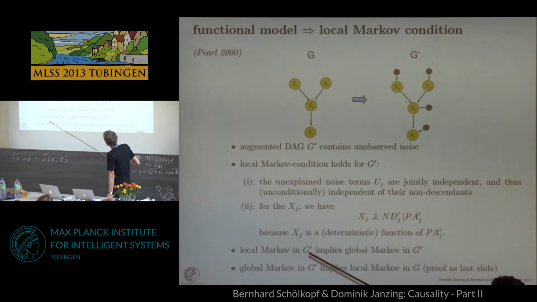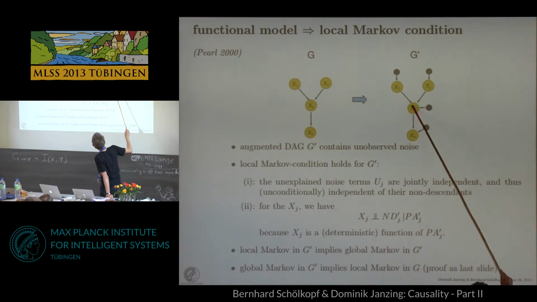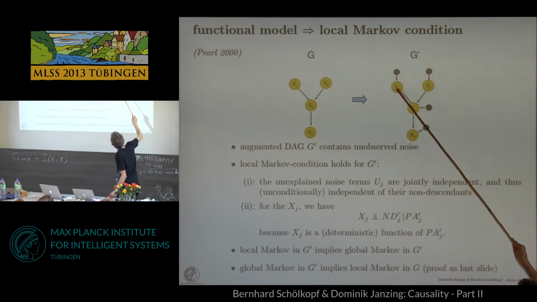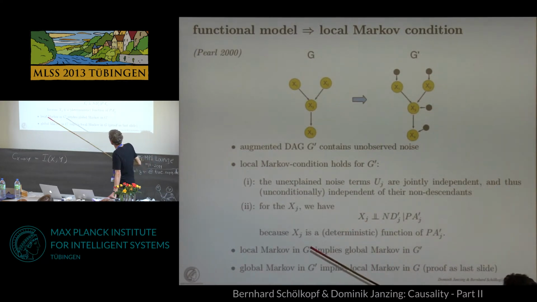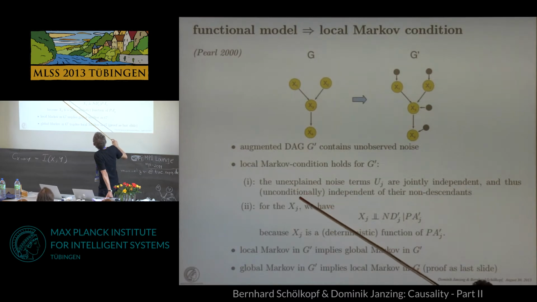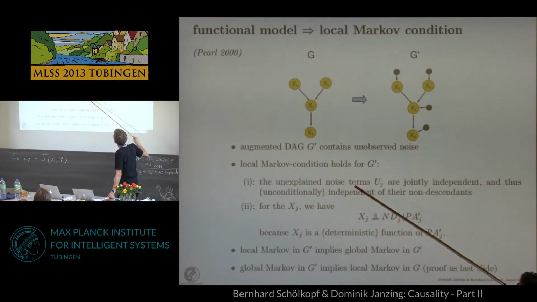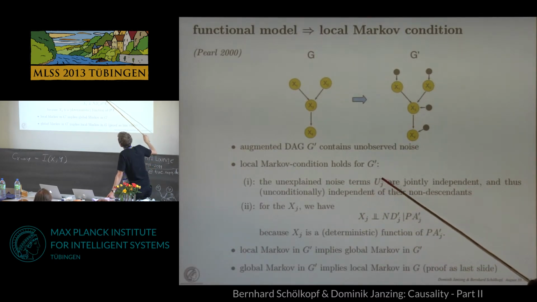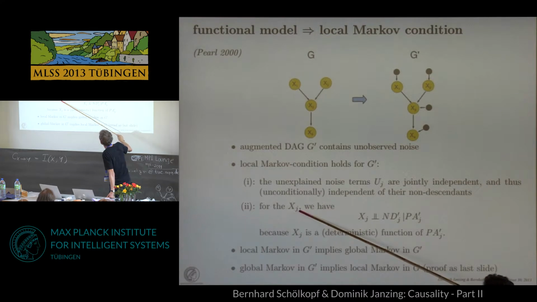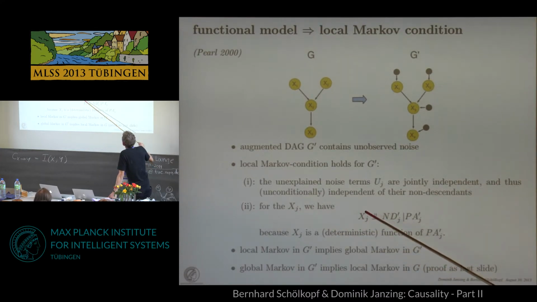And then you recall that every variable is a deterministic function of its parents in this augmented graph. Then you can see that if you assume that the unexplained noise terms are jointly independent, then they are unconditionally independent of their non-descendants. So for these variables, you have already checked the local Markov condition. For the observed variables, you can also easily check the local Markov condition.